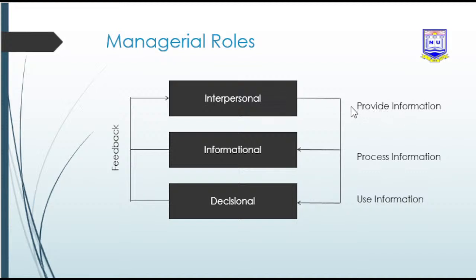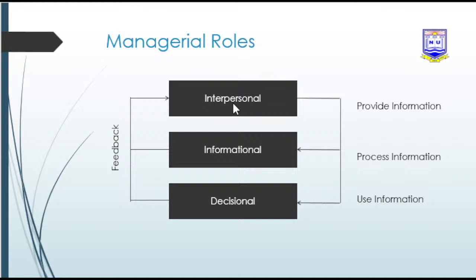Once you provide the information between you and the people you're leading, it's going to take you to the processing of that information, and you'll be looking at the second role of information. You need to be able to disseminate information. You need to be able to look at how this information is going to flow from one point to another.